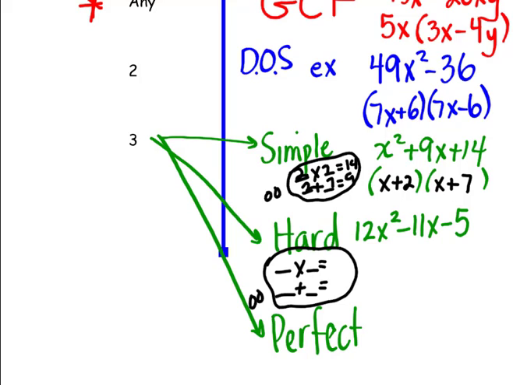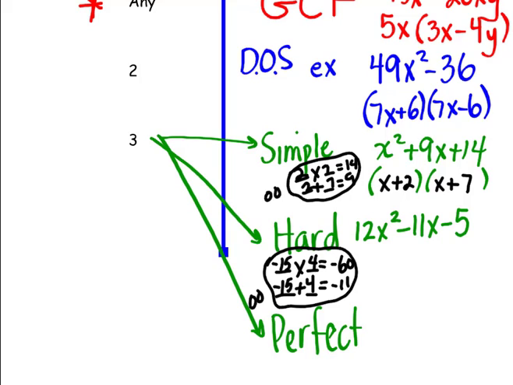But this time I have to take the 12 and the 5 into consideration. So 12 times negative 5 is negative 60, and then adds up to give you negative 11. Now I could go through all the factors of 60, so 60 and 1, 2 and 30, but it's going to be a negative 15 and a positive 4.